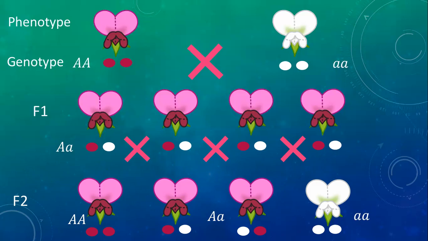But of course, if you just have one breeding experiment, there might be a huge variation. You could get everything from all white in the F2 generation to all red. Some of the scenarios are of course more likely. So 3 red and 1 white would be the most likely case, but basically you could get everything.